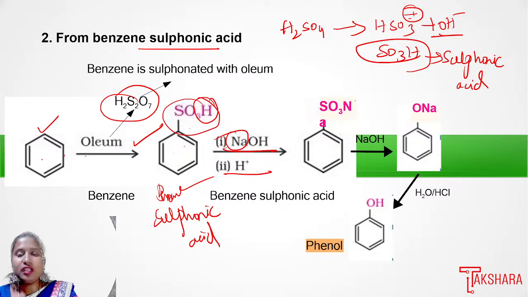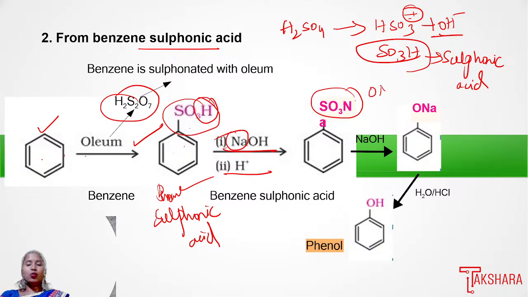And next, when this product undergoes reaction with NaOH, instead of SO3Na we get ONa attached to the benzene ring. So that is sodium phenoxide.